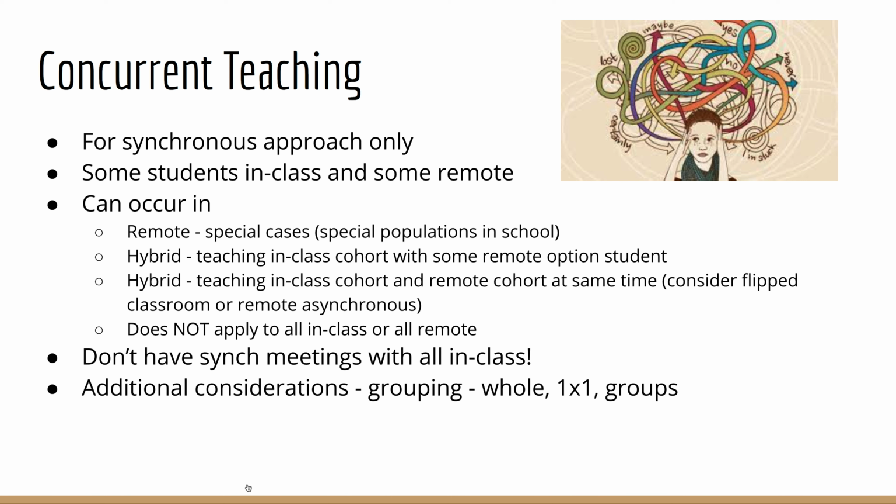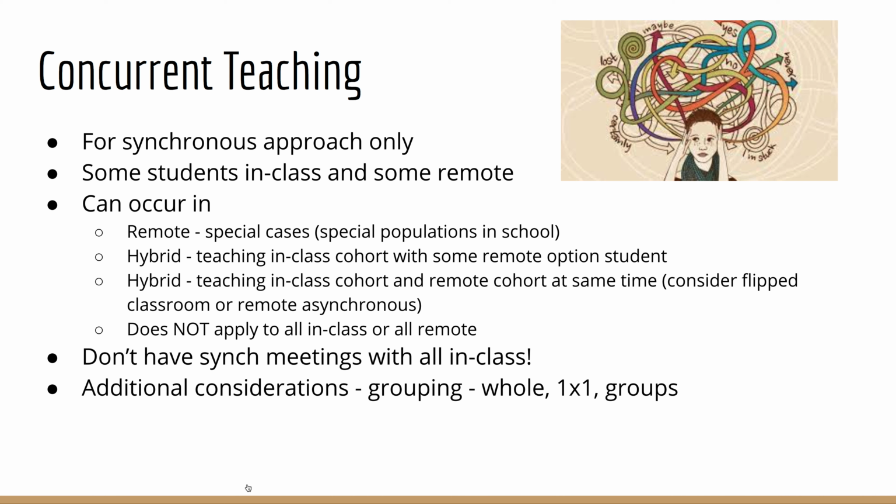That can occur in the remote case. And that may seem counterintuitive, but for example, in our school, a few kids are in school during that time. We have these special populations that are in school. Could be students with IEPs or students that had trouble with distance or remote learning. Could be kids with no internet at home.